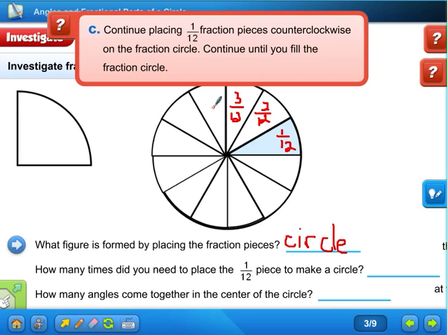So this would be 4 12ths, 5 12ths, 6 12ths, 7 12ths, 8 12ths, 9 12ths, 10 12ths, 11 12ths, and then you have 12 12ths. So how many did it take? It took you 12. How many angles come together in the center of a circle? How many angles do you have in that center of that circle? You have 12.